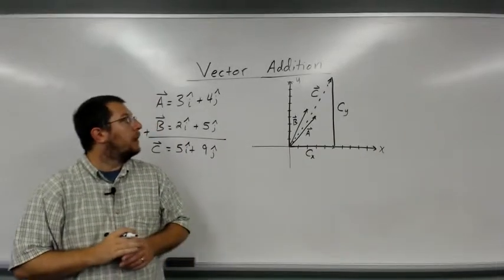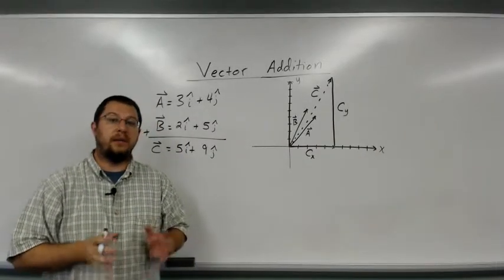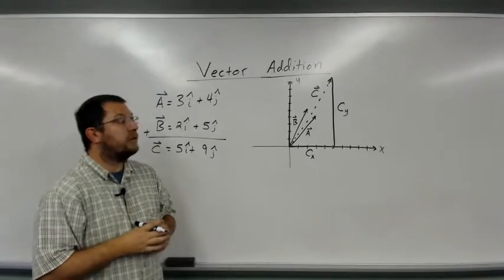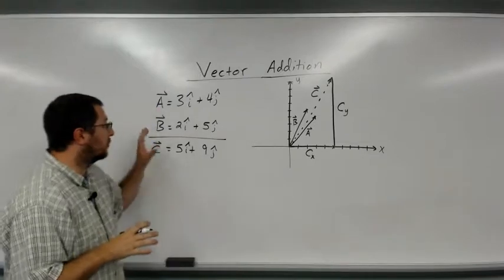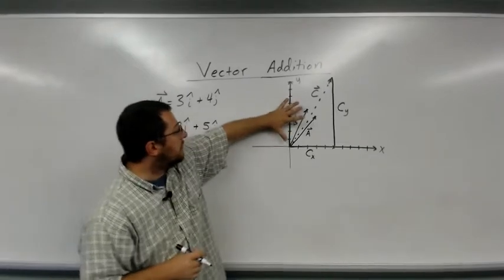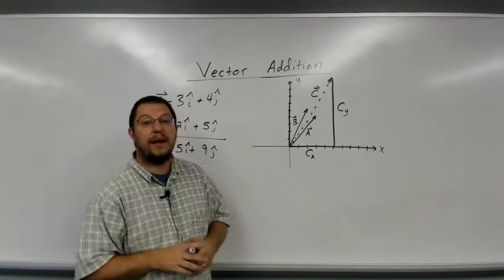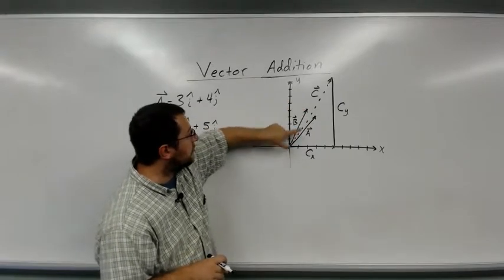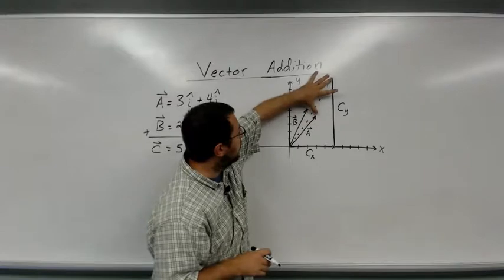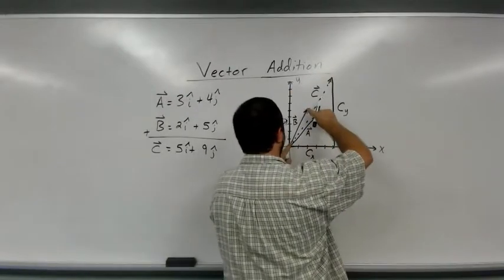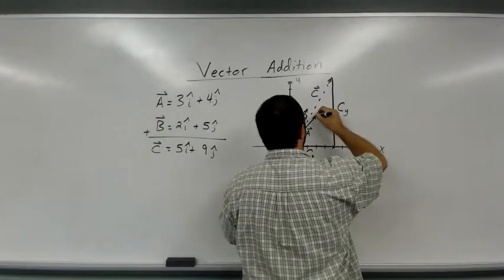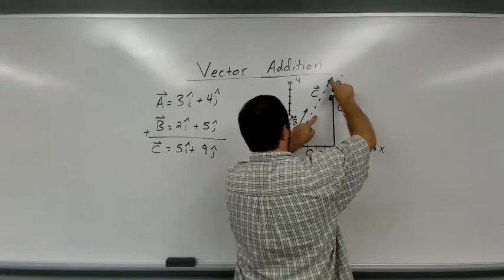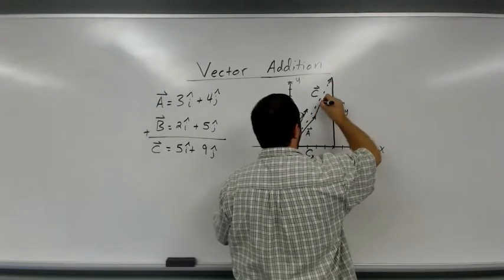Now, graphically, what does this look like? Well, remember the tip to tail method. If I want to add this graphically, what I can do is take my B vector and move it around, but I'm going to move it such that its tail is at the tip of A, and if I do that, I will displace B such that it arrives right at that new point.